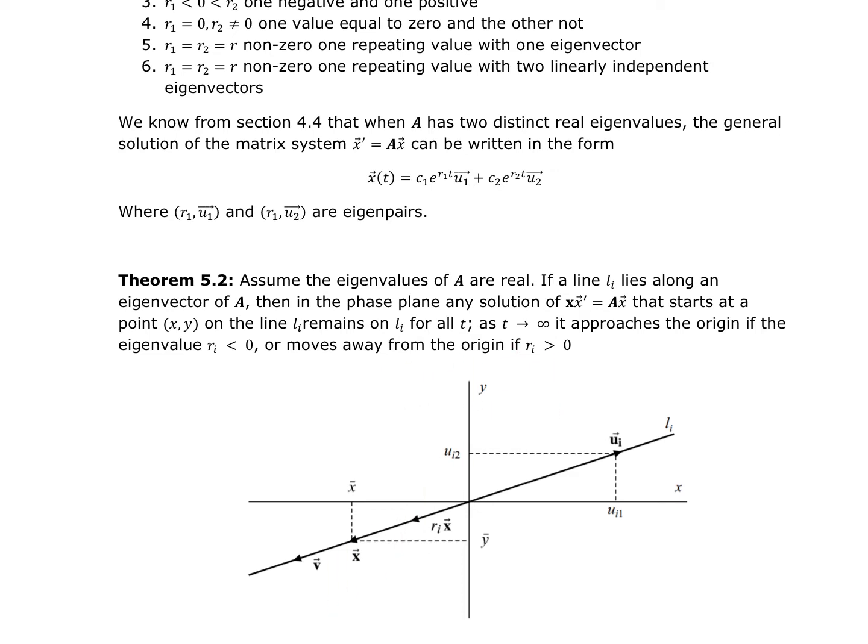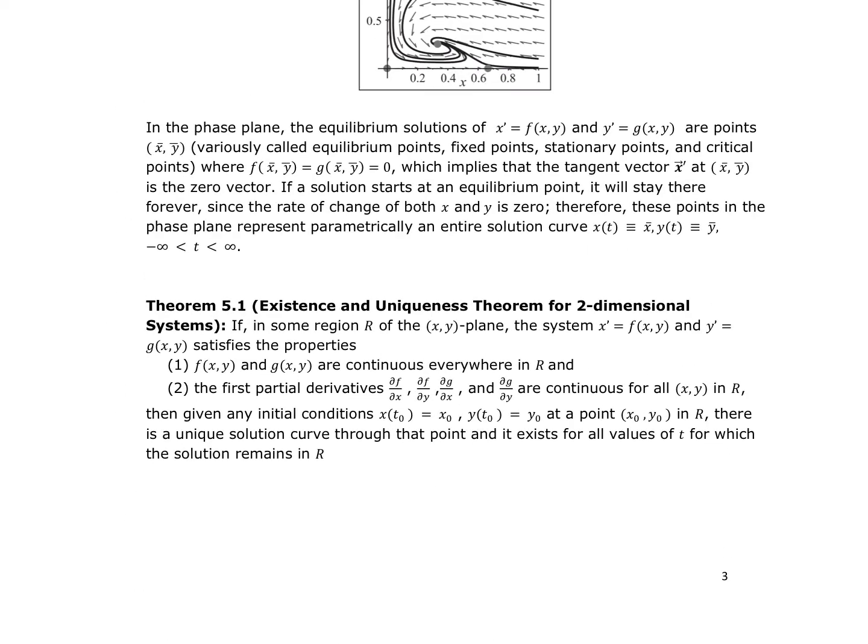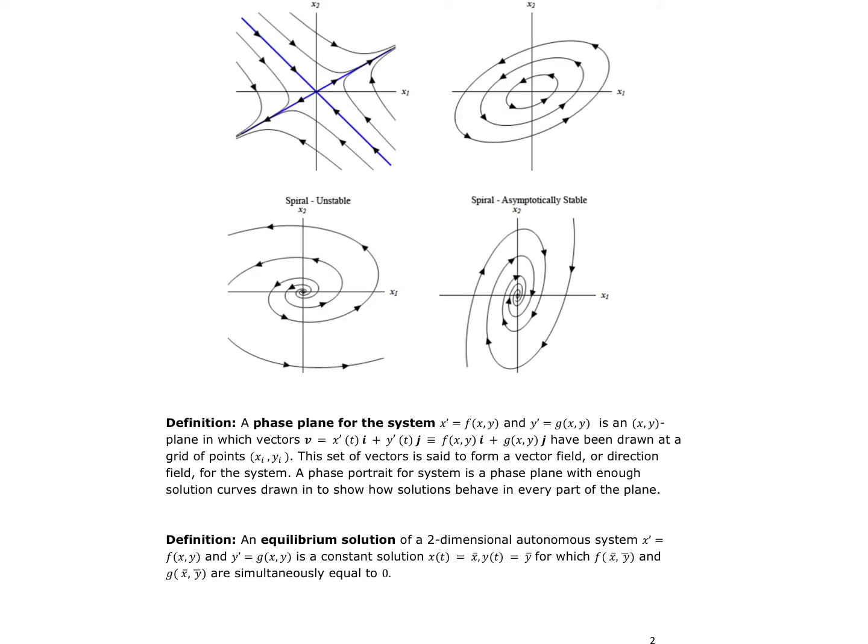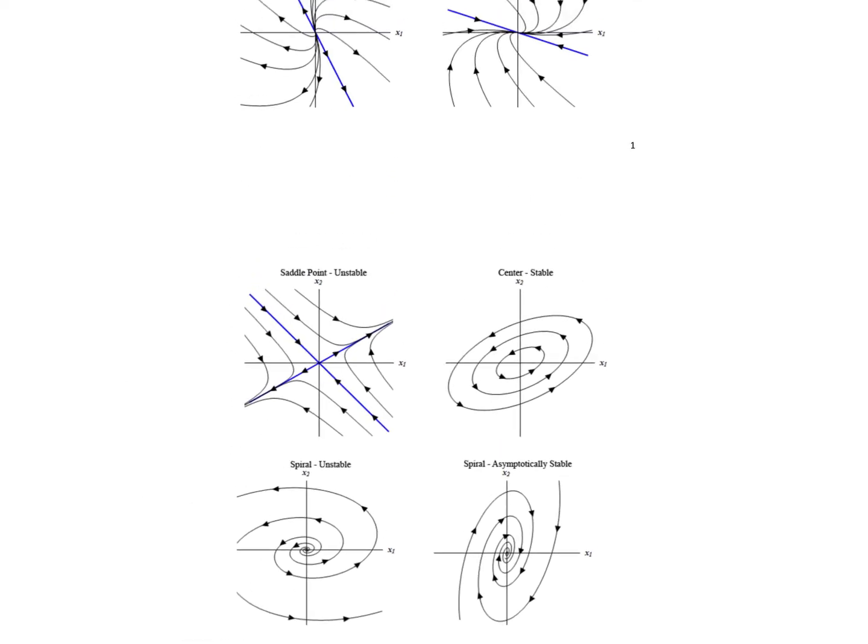So in other words, when we looked at all of this stuff up here, we had these lines, these blue lines here, and here, and here. These are coming from our eigenvectors that are being made from our eigenvalues.